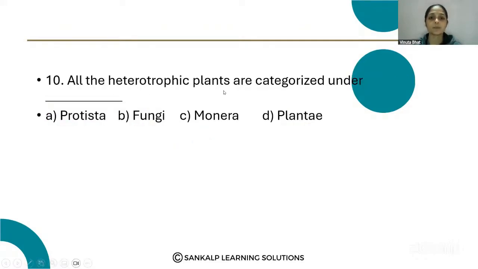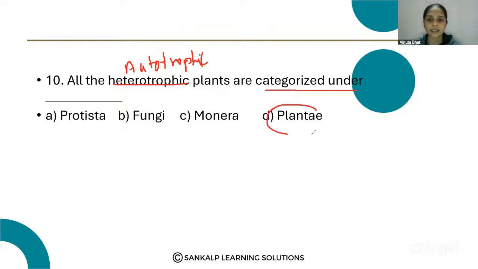All the heterotrophic plants are categorized under Protista, fungi, Monera, or Plantae. Here, the question should be like this: all the autotrophic plants are categorized under the kingdom Plantae. Protista includes unicellular eukaryotes. Fungi includes saprophytic or heterotrophic organisms.